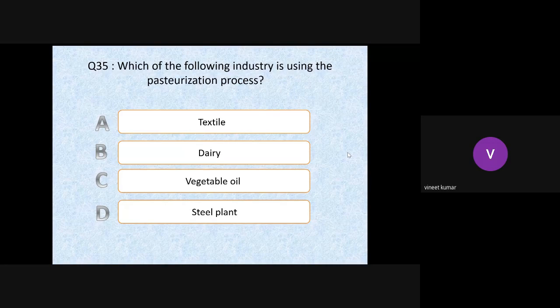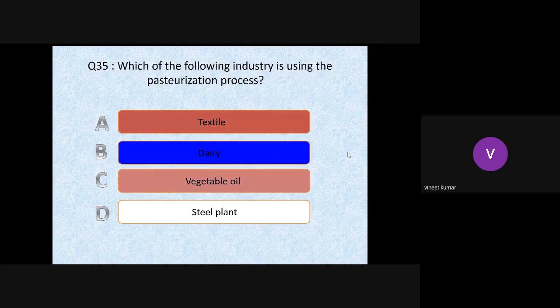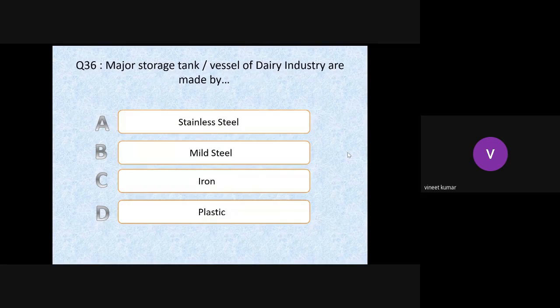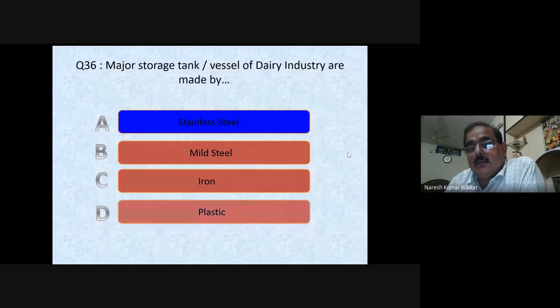B. Stainless steel. A. Quality matters here, no?